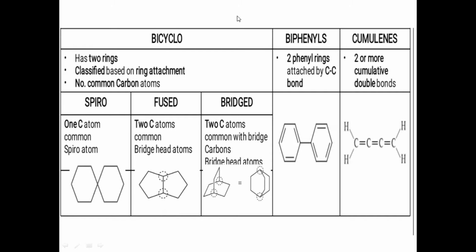Biphenyls are compounds in which two phenyl rings are attached by a carbon-carbon bond. And cumulenes are compounds in which two or more cumulative double bonds are present. Cumulative means consecutive, not alternate bonds. It is continuous.